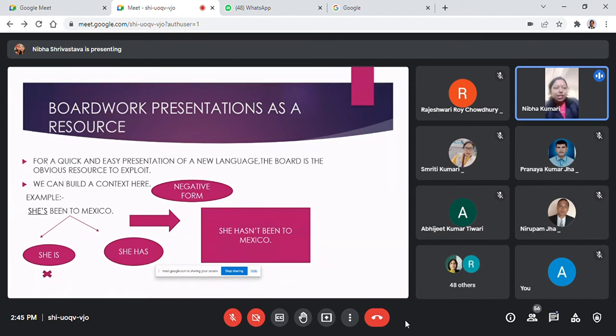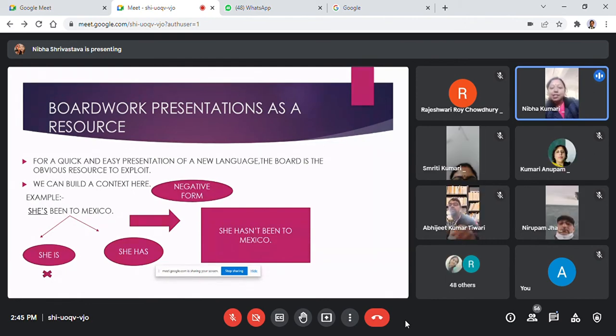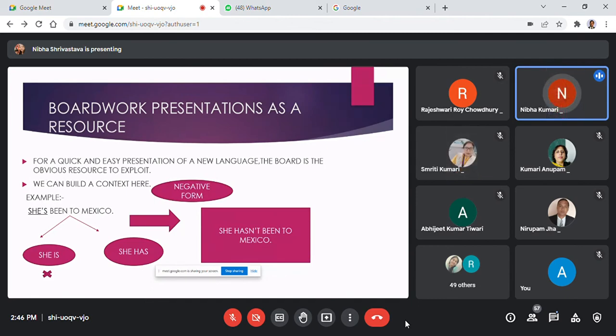Many students will say she is, many will say she has. So she has is the correct one. By practicing, by drilling, we can make students understand. Here she's is not she is, it is she has been to Mexico. Similarly, we can ask the students to change it to negative form: she hasn't been to Mexico. So we have taught 2-3 concepts together using our board.